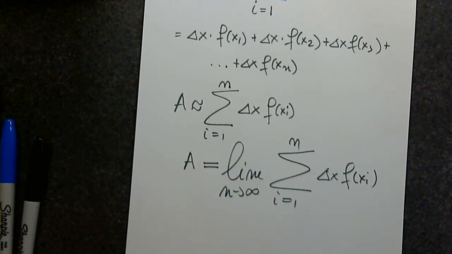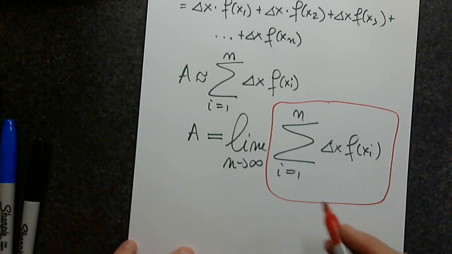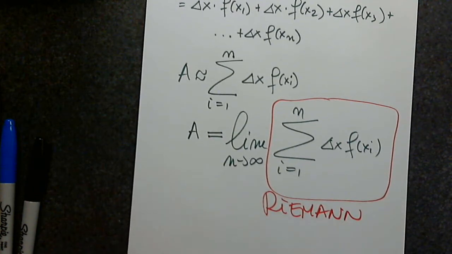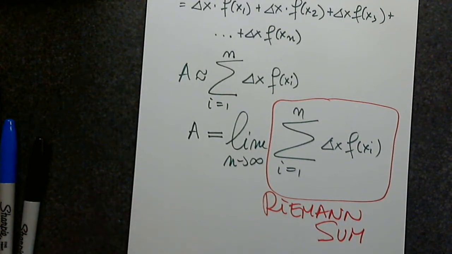This has a name. It was invented by a mathematician by the name of Riemann. And it's the Riemann sum. So the area, and we're going to write this down, the area under the graph of a function on a closed interval equals the limit of the Riemann sum.